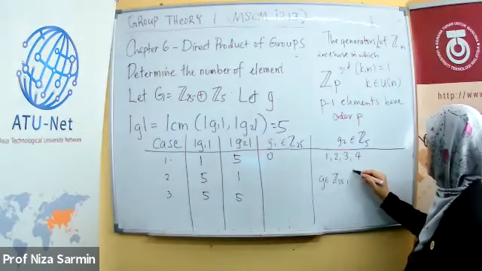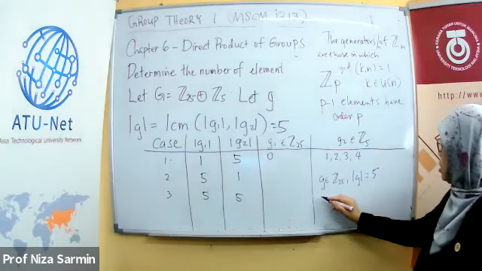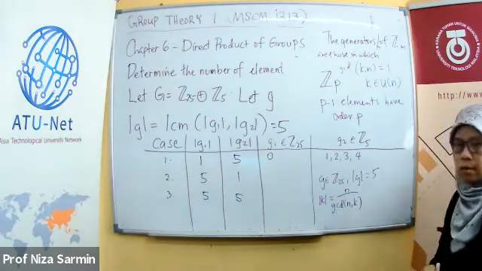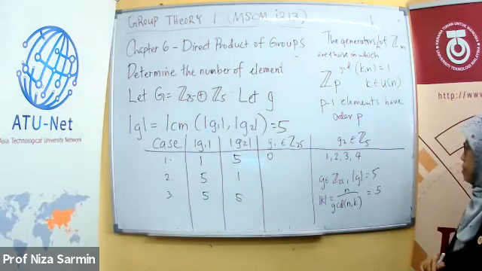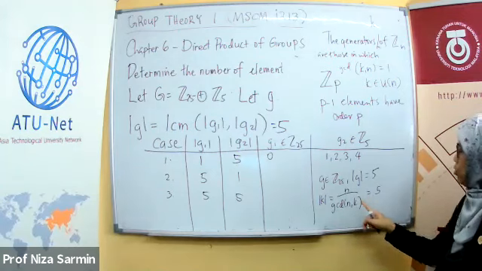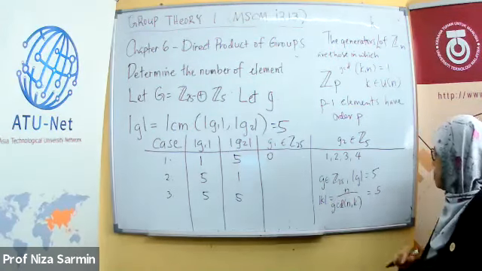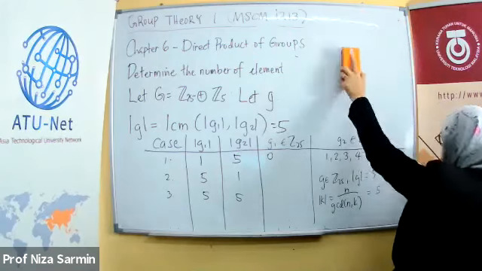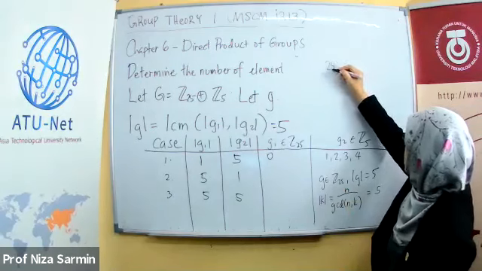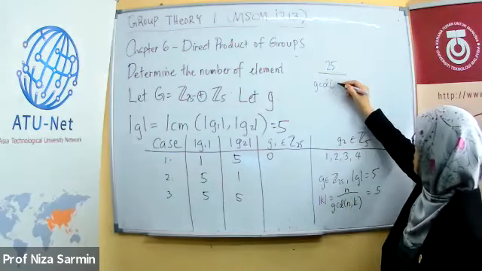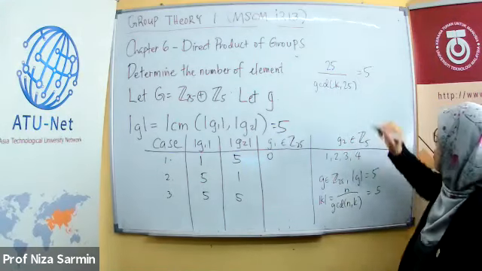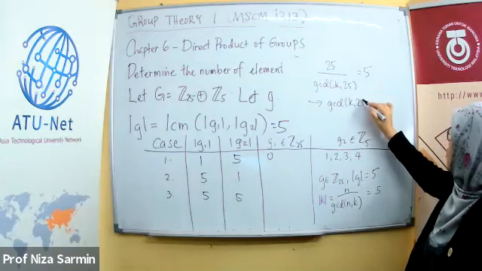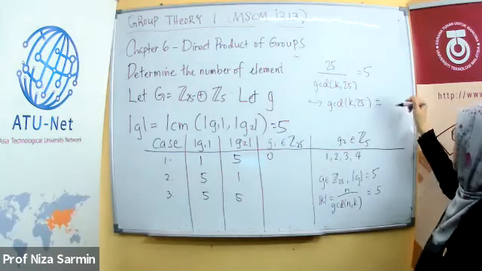If you remember this, and we want the order to be 5, you want to find K. So what you have is 25 over GCD of K and 25 equals 5. This implies GCD of K and 25 equals 5.